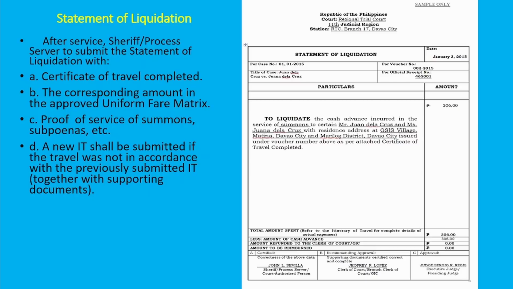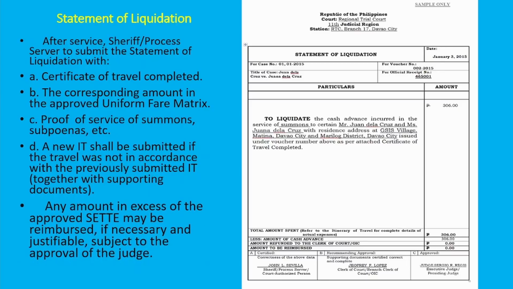So if the itinerary of travel which you submitted when you claimed the cash advance is different from the actual cost or expenses you incurred, you have to submit the new itinerary of travel.